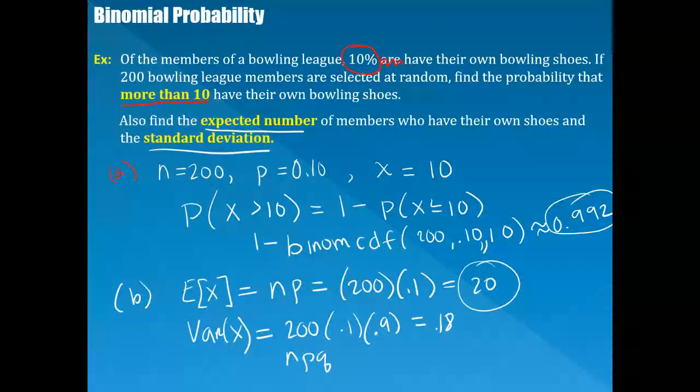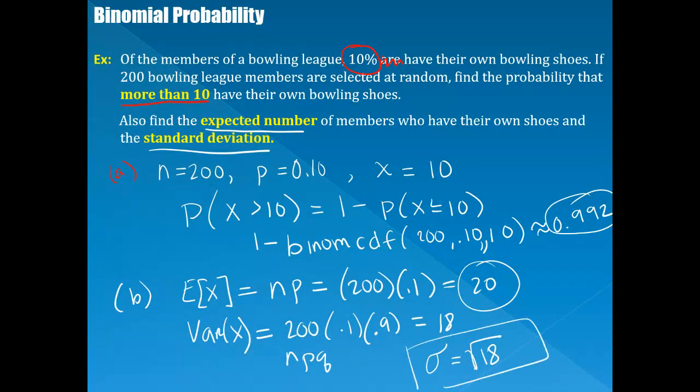And so if I'm going to find the standard deviation, the variance is the square of the standard deviation. The standard deviation is going to be the square root of 18, or approximately 4.243. Okay.